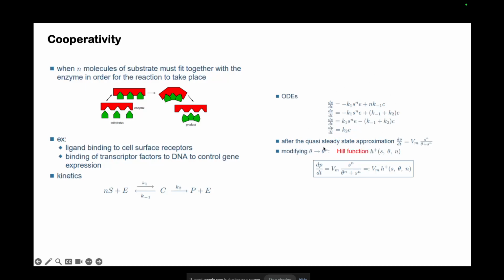But after you do a steady state approximation, a quasi steady state approximation, what you find is that this function is basically dp equal to Vm s to the power n by theta plus s to the power n. This is the form of a Hill function that we always use while defining interaction between two molecules inside the cell.